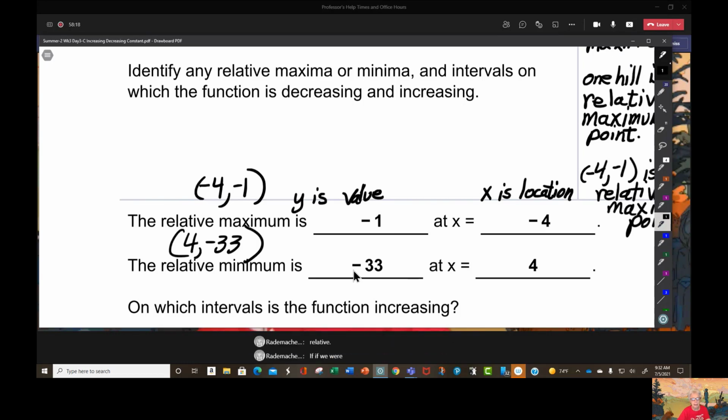But here, it's just called the relative minimum, and it's the y coordinate, the value. Whereas its location is at x equals the x coordinate, which is 4. There's nothing to say other than that.